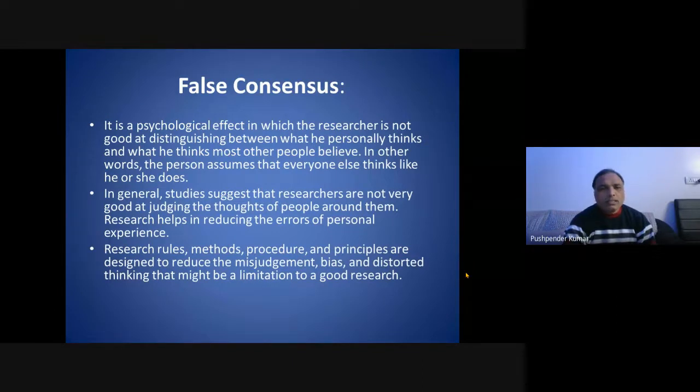So in general, studies suggest that researchers are not very good at judging the thoughts of people around them. Research helps in reducing the error of personal experience. So research rules, methods, procedures, and principles are designed to reduce the misjudgment, bias, and distorted thinking that might be a limitation to good research.